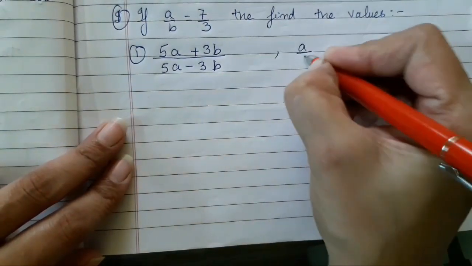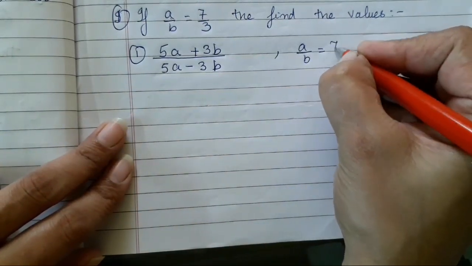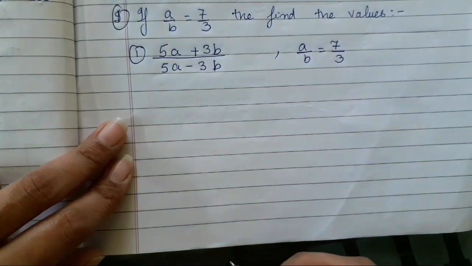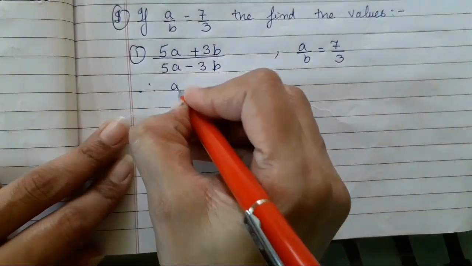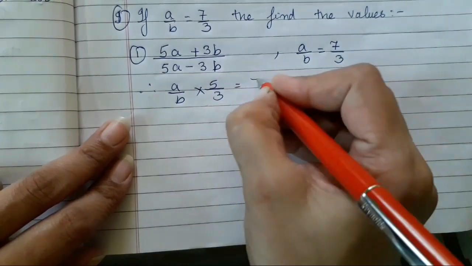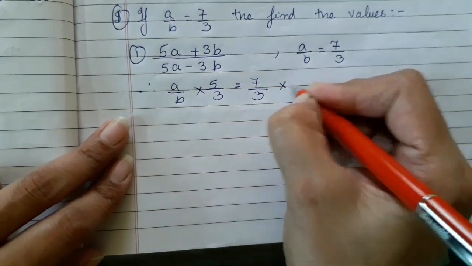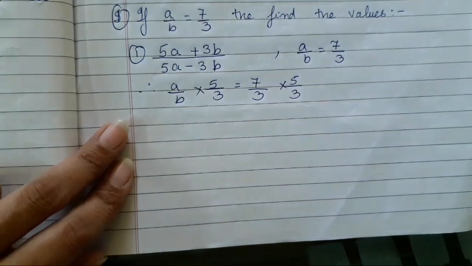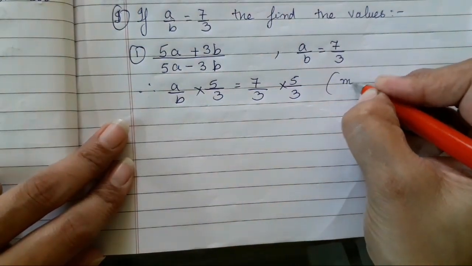Where A upon B is equal to 7 upon 3, therefore A upon B into 5 upon 3 is equal to 7 upon 3 multiplied by 5 upon 3. What did I do over here?